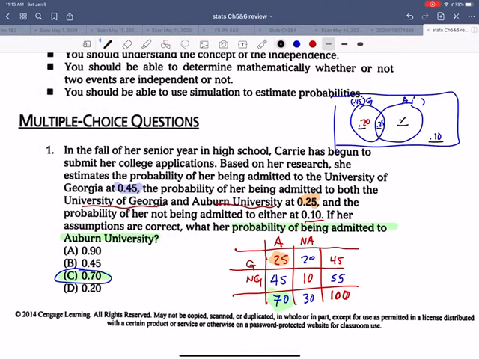So we can put an X here and kind of solve for that, right? So 1 take away 10 is 90. Take away the 45, and we get 45. So we know this would have to be 0.45. Now, can we figure out what's the probability of Auburn? Yes, 0.7. So 2 ways to do the same problem.